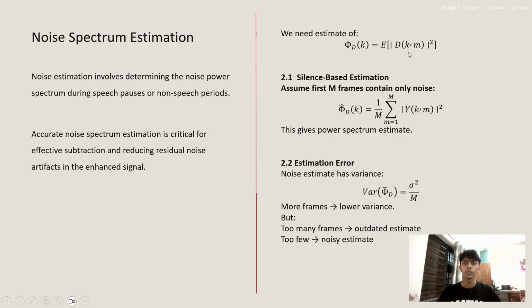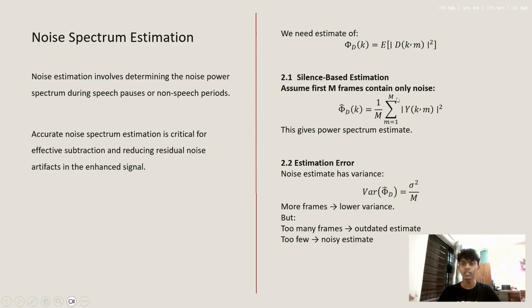Now here we'll take the expectation of the noise mod D squared as phi d, just for simpler representation. And one more assumption that we'll be making is that the first M frames contain only the noise signal. That is, there is no required signal in the first M frames.